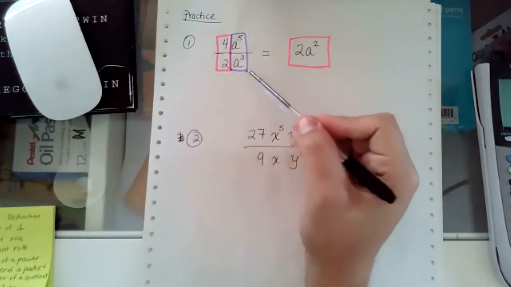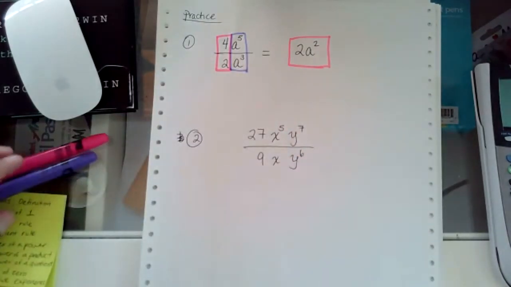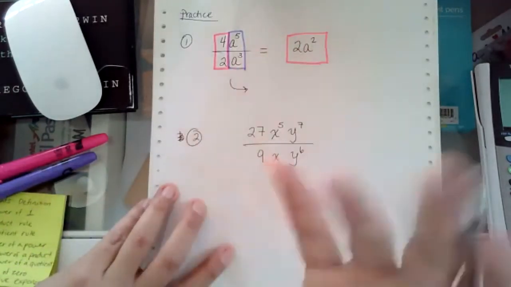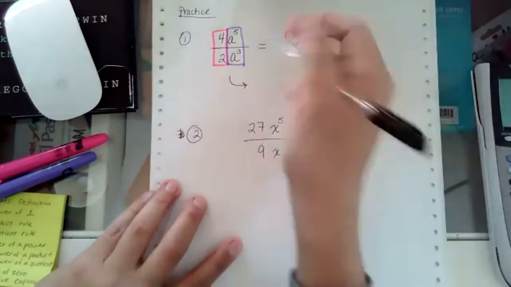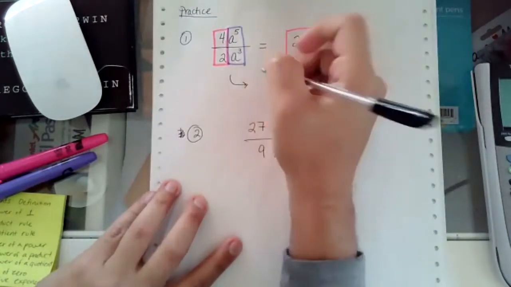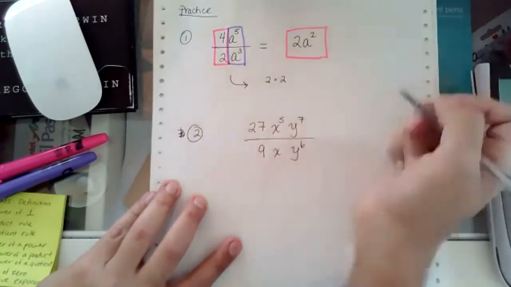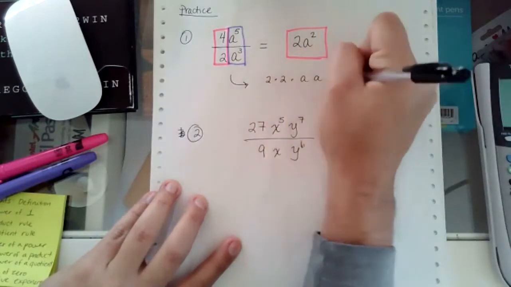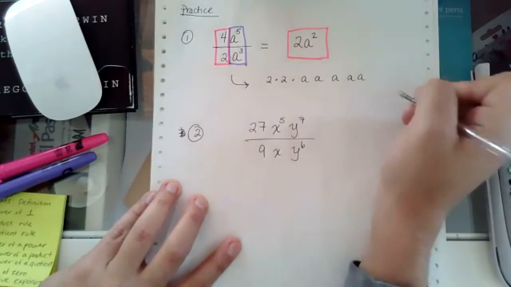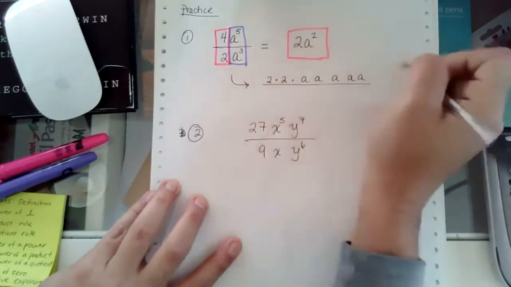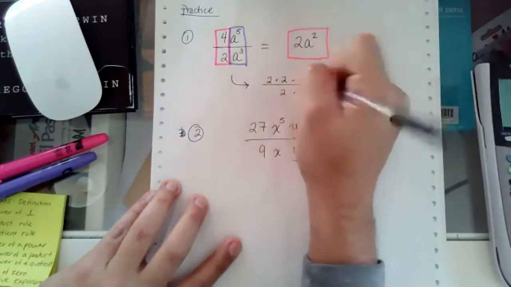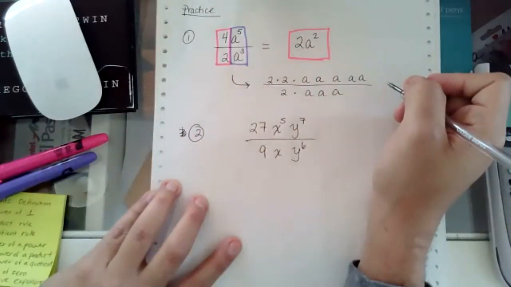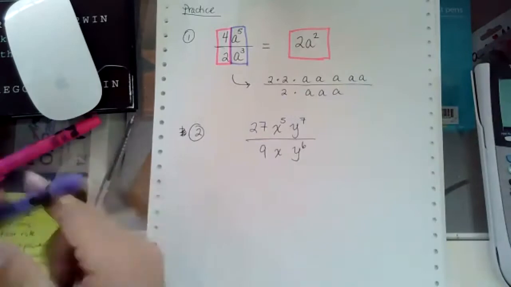Is anybody confused on this one? I mean, another way you could work it out, right? If you wanted to know the nuts and bolts of what's going on here, you could say that 4 is the same thing as 2 times 2. You could say that a to the 5th is the same thing as a, all over 2 times a, and then cancel common factors.